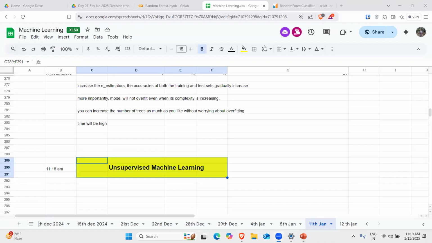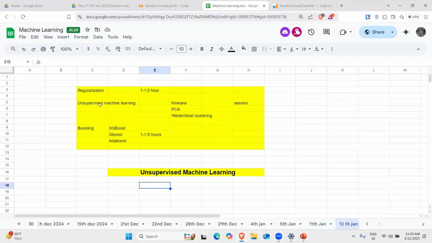I think what you want to ask is, is this part, supervised, completed? Because classification comes under supervised, right?